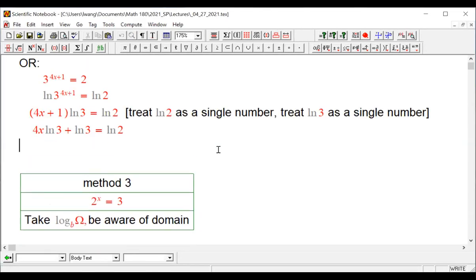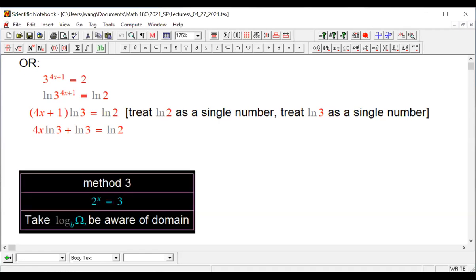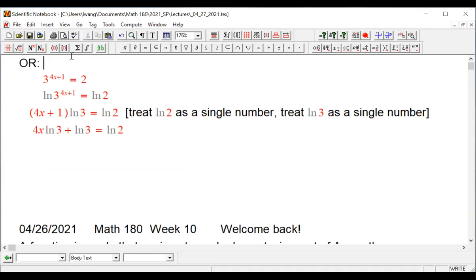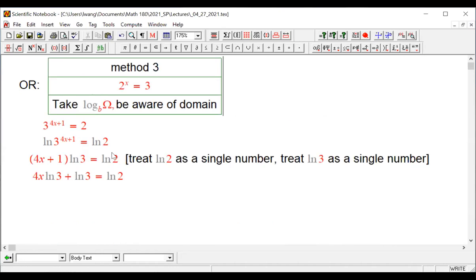Be careful. I'm going to put a little note here: 4x ln 3. Keep it this way.